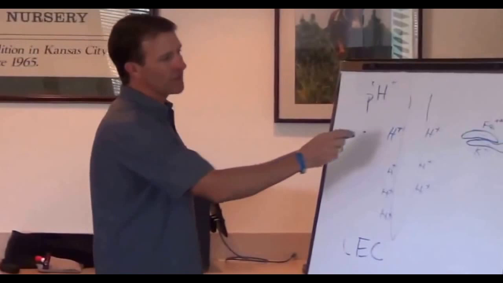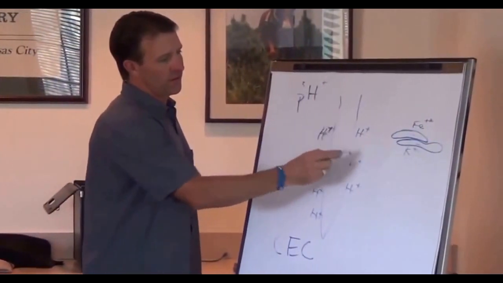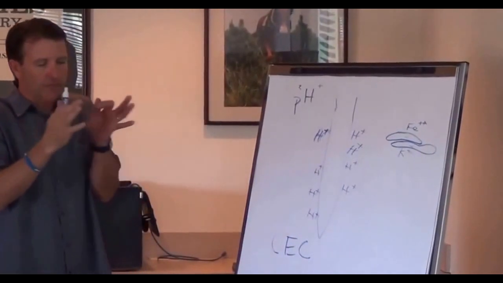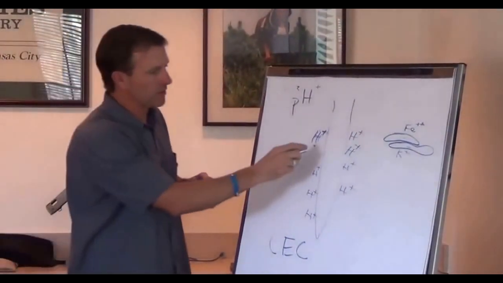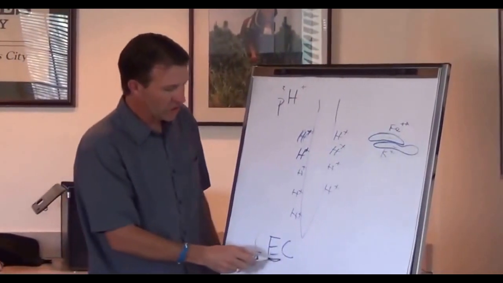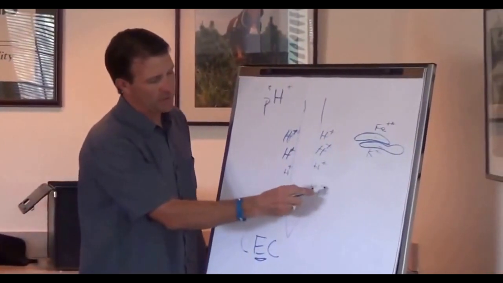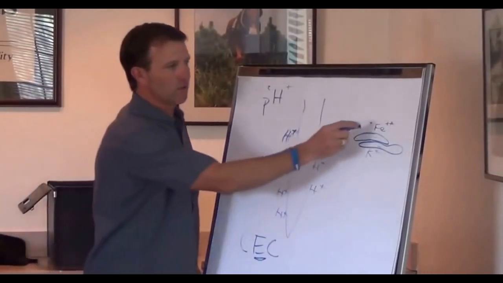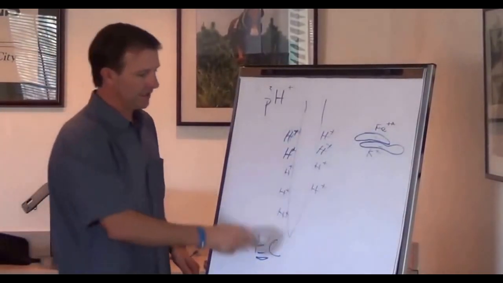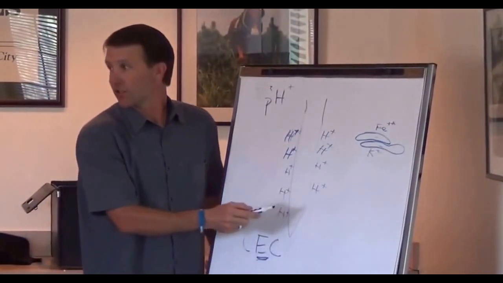Okay, so if there's a lot of these hydrogens lined up on this root, the root's kind of drawn them, I mean that's an oversimplification, but all these hydrogens are attached to that root. If there's an exchange going on, and we've already established that this is a cation, these are the ones we want, right? So what's the root doing with the soil? It's exchanging.